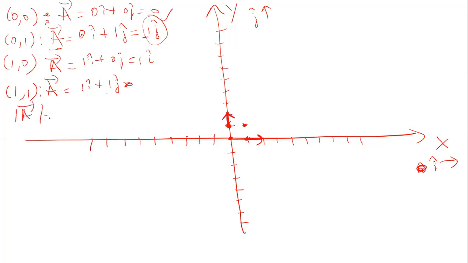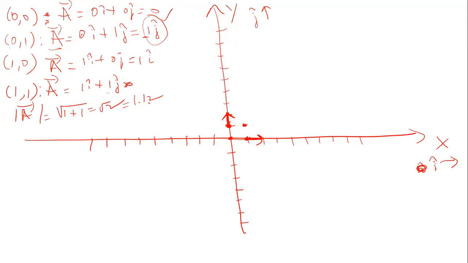The magnitude will be the square root of 1 squared plus 1 squared, so it will have a magnitude of square root of 2. Square root of 2 is about 1.14, or something like that, I don't have the exact value.